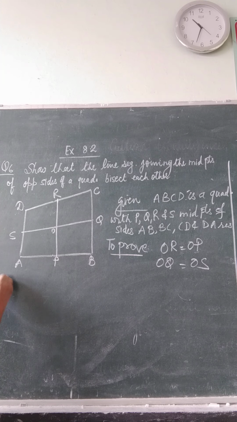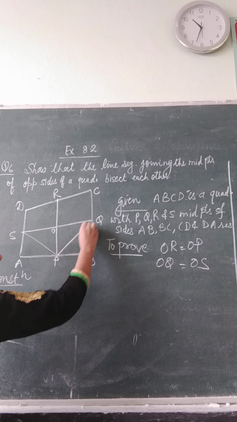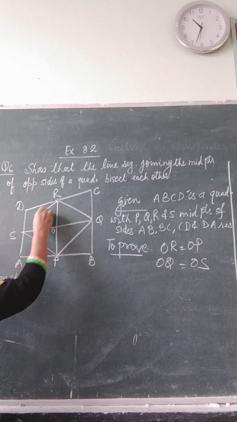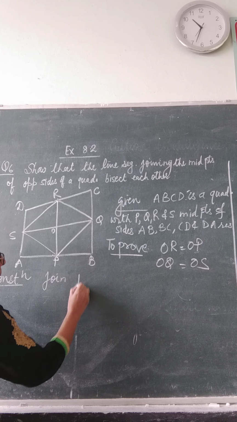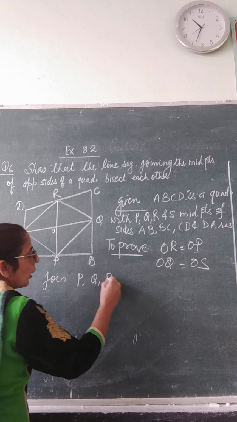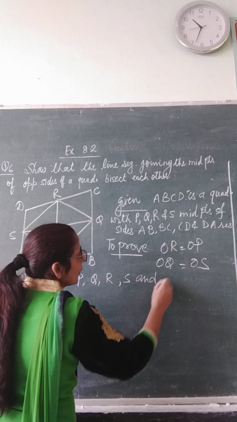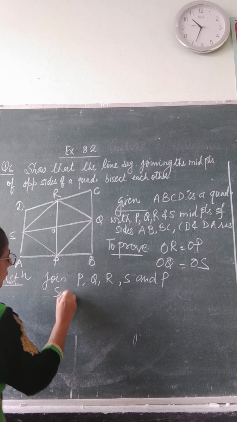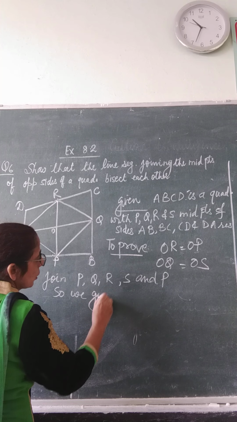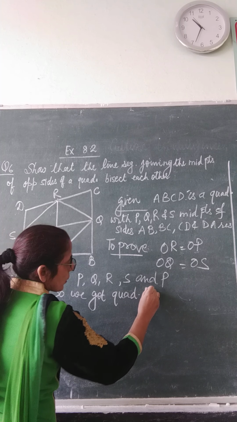So we will do one construction. Join P, Q, R, S and P. So we have got one quadrilateral PQRS.